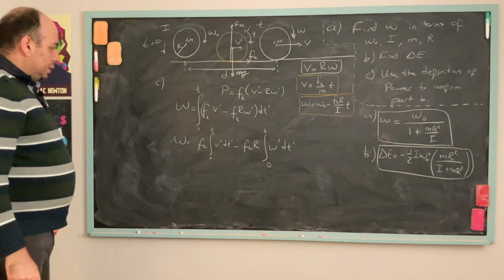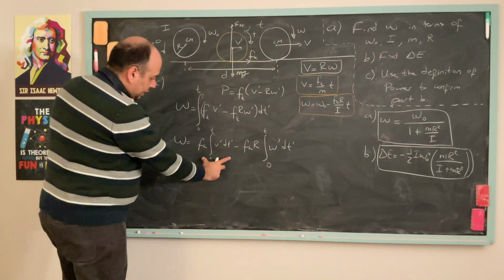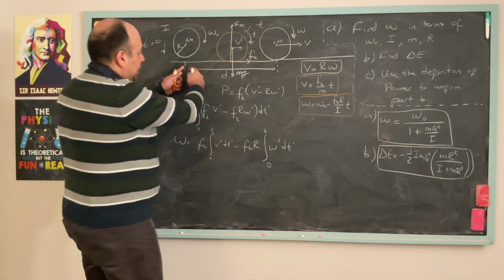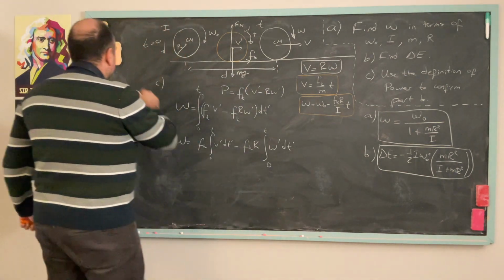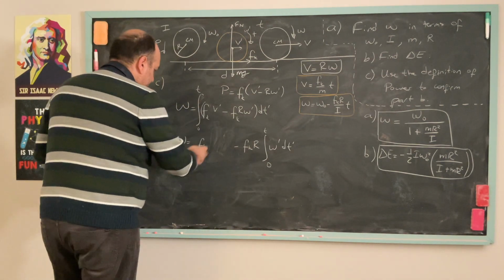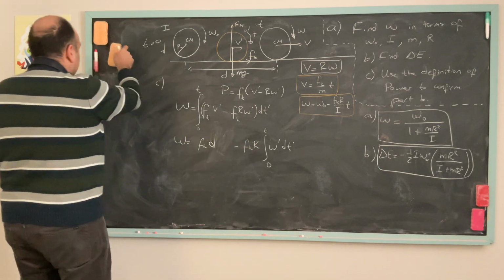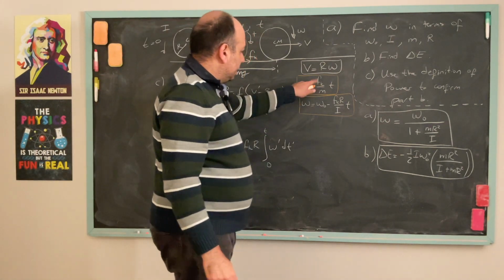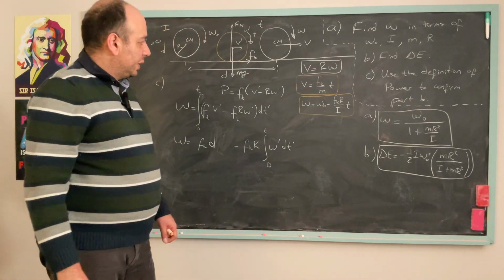Okay, this is good. So the first integral is just the integral of v dt. So this will just give me the total displacement, so this is simply equal to d. Okay, but can I find what d is? Yes, I can simply find d using the acceleration here, F_k over m.